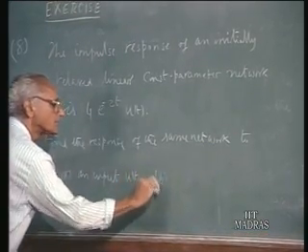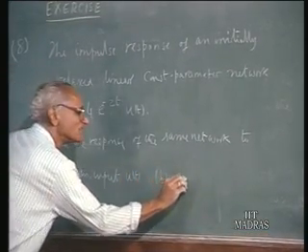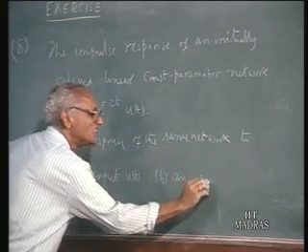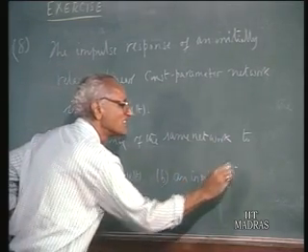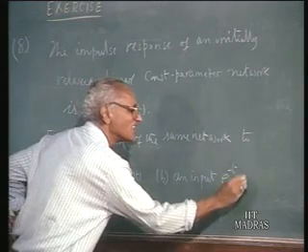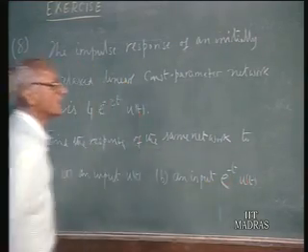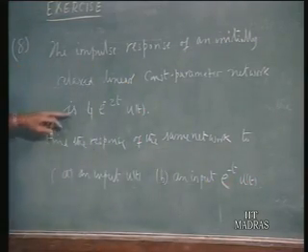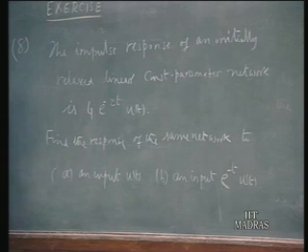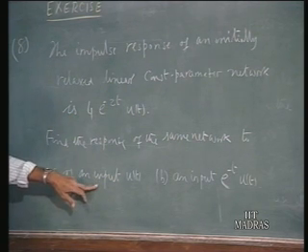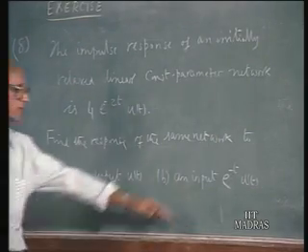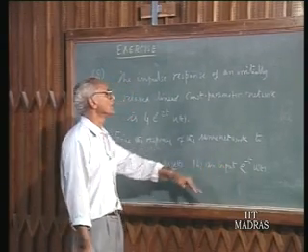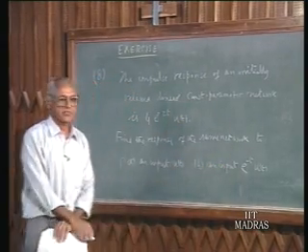B, an input e to the power of minus t u(t). That is, taking this as h of t, use the convolution principle, find the response to the input of u of t, that is the step response, and find the response to a general input e to the power of minus t u(t), assuming once again that the network is initially relaxed.